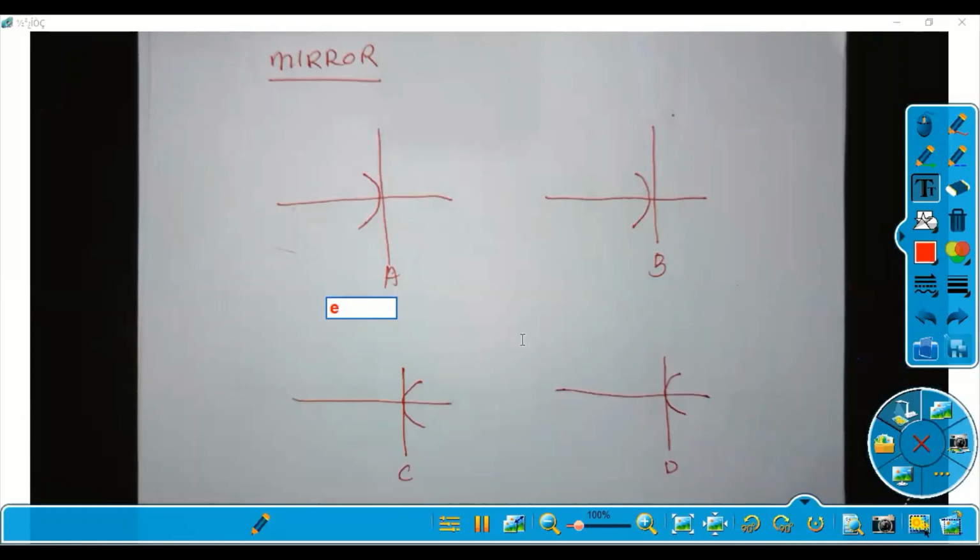So this one I can say is a convex mirror. And C can be concave. And D can be convex.